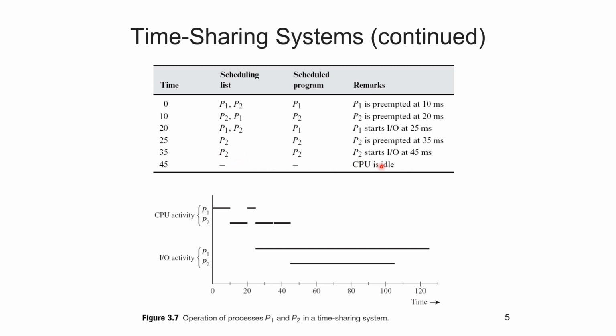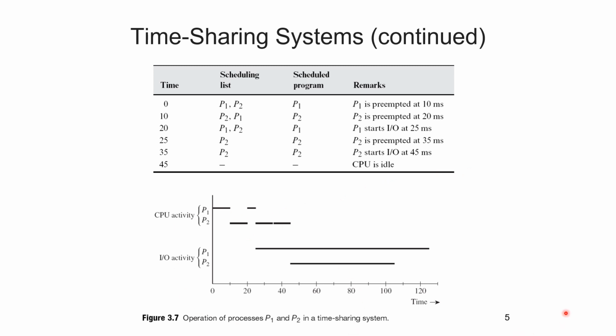P2 starts input output operation at the time T equal to 45 milliseconds, having completed its CPU computation. At the time 45 there is no request in the queue, so the queue is empty and no program is selected. The CPU will be in idle mode.